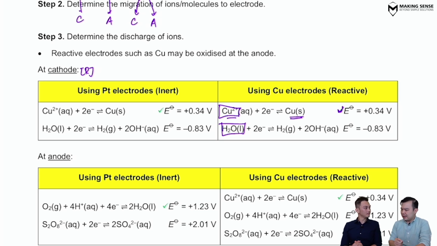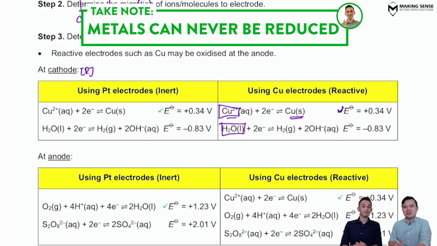Okay, what happens now if I look at the anode then? Okay. Now before we go to the anode, at the cathode, I thought copper is active. Then why didn't we talk about it? Oh, good question. So when we talk about copper, copper is a metal, right? Yes. So metals usually undergo reduction or oxidation? Metals should get oxidized. So there's no such thing as copper undergoing reduction, right?